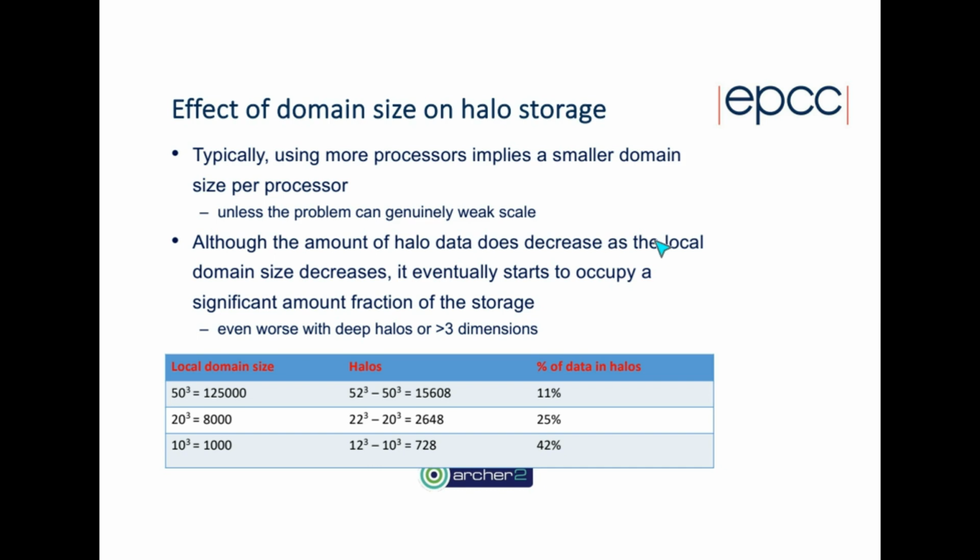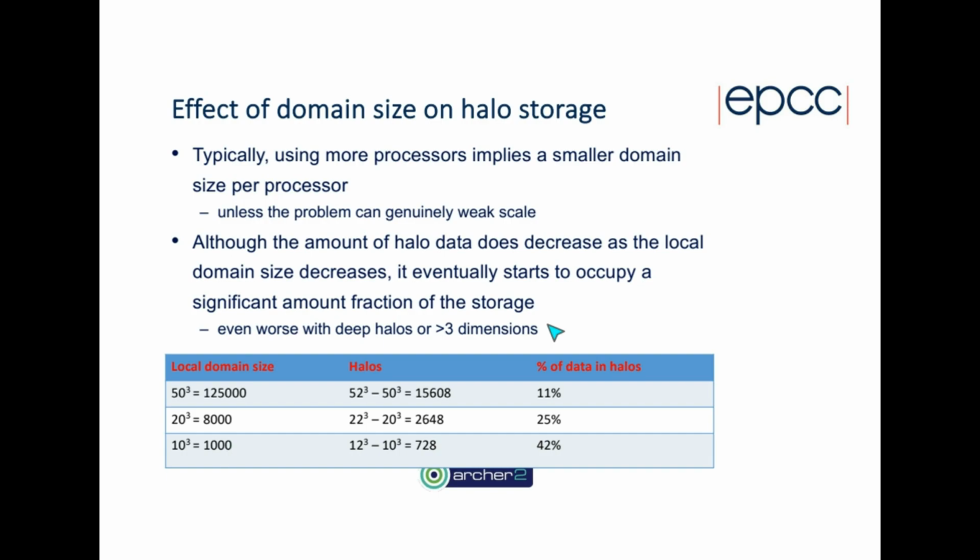And although the total amount of halo data does decrease as your local domain size decreases, it eventually does start to occupy a significant fraction of the storage. That's made even worse if you have deep halos, for example.